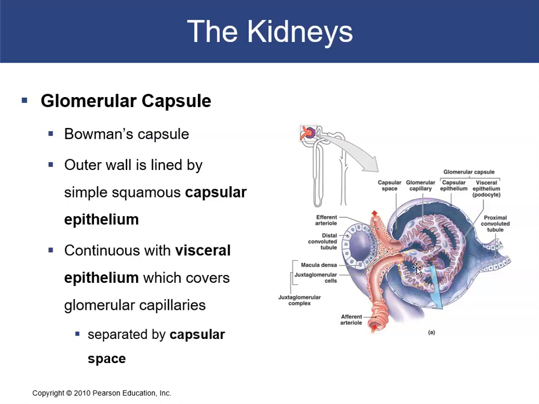The visceral epithelium is the epithelial tissue that covers the glomerular capillaries. The two types of epithelial tissue are separated by what is known as the capsular space. So it separates the capsular epithelium, this outer bluish structure, from the visceral, which is the more purplish epithelium around the capillaries.